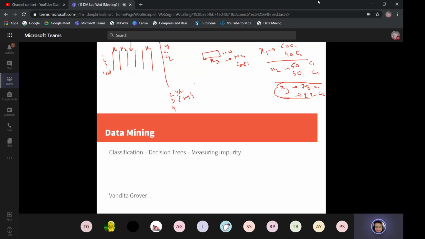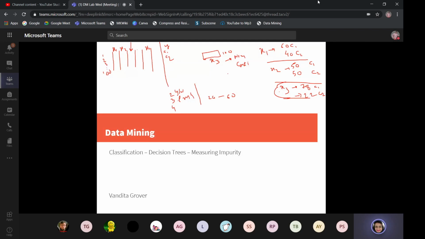And if it was a continuous attribute, it could have values in a range like 20 to 60. So now we have to decide how we are going to split, and depending on the type of attribute, we are going to decide the split.